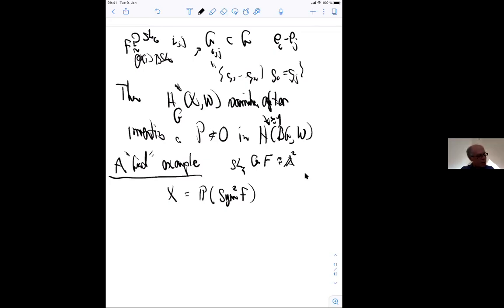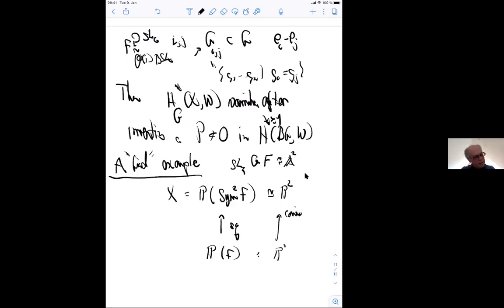And you have a squaring map that goes from P of F. Okay, and the image is some conic inside of this. This is projective space, this is P1, and the image will be some conic inside of here.